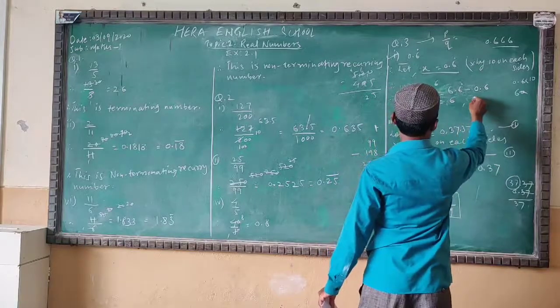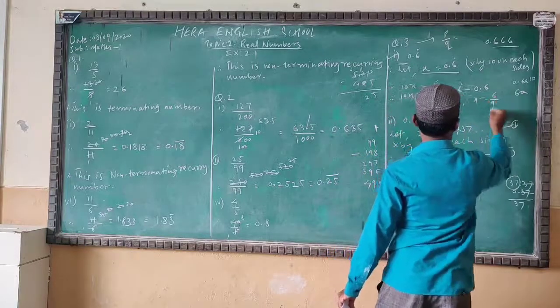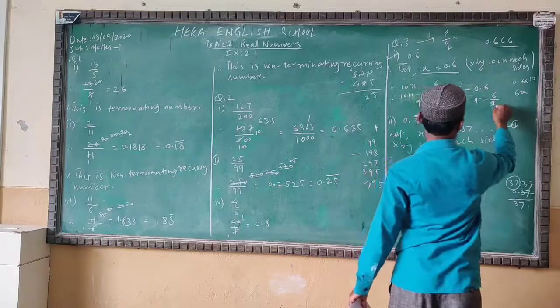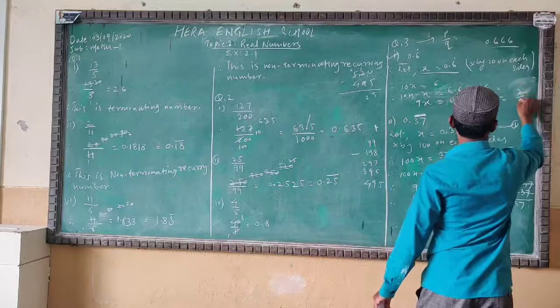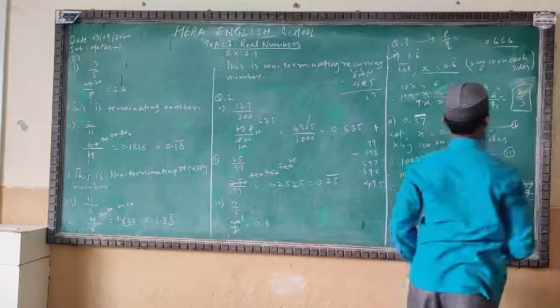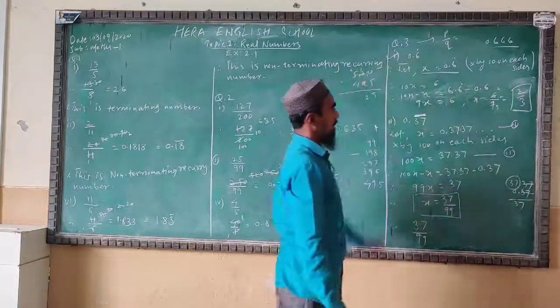Therefore x is equal to 6 divided by 9. Dividing by 3, 3 ones are 3, 3 threes are 9, 3 twos are 6. The answer is 2 upon 3, the fractional form of 0.6 bar. It will be your correct answer.